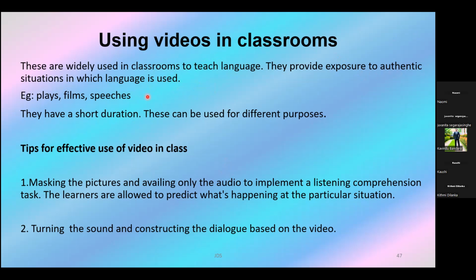More than a radio, video will definitely present more meaningful context in terms of developing the accent, pronunciation, or several other suprasegmental elements. Speech tone or facial expressions, all those can be viewed using the video.